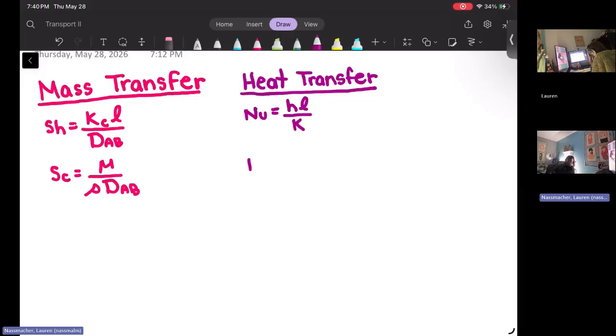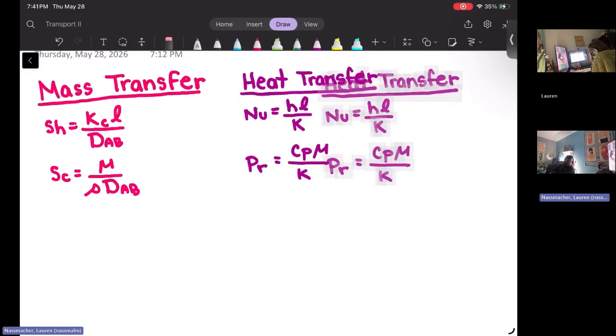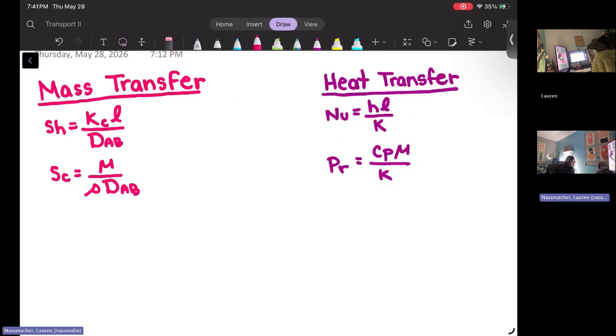And then we have our Prandtl number, which is equal to our heat capacity multiplied by viscosity divided by our thermal conductivity. You can put these equations into simpler terms.